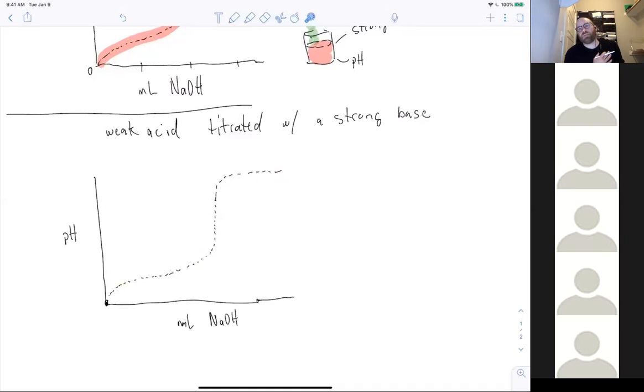For an exam, no, you won't have weak acid, weak base. We'll do weak acid to strong base, weak base, strong acid. Weak acid, weak base problems get kind of complicated.